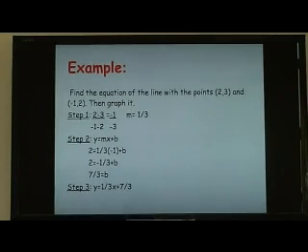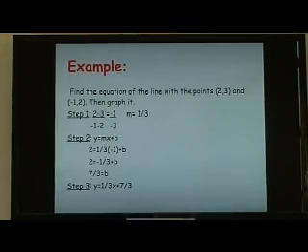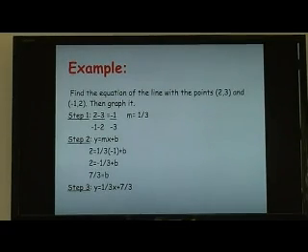Then graph it. Step 1, find the slope. To do that, we take 2 minus 3 over negative 1 minus 2, which is negative 1 over negative 3. The slope is 1/3.